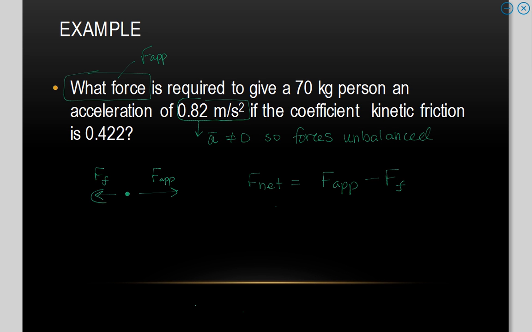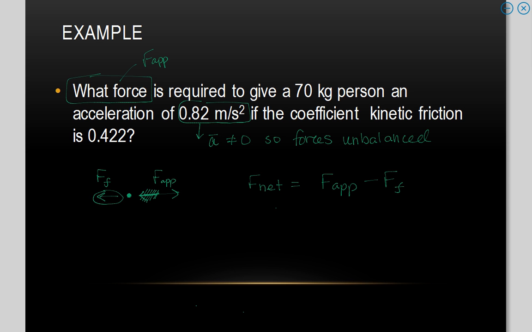This arrow, pick it up, put it over here, and that's how much cancels out. That's how much the force of friction works against that force. And how much is left over? Just this piece. This is left over. That is the F net.